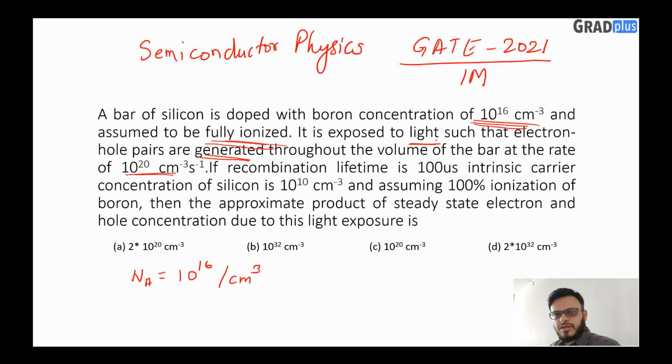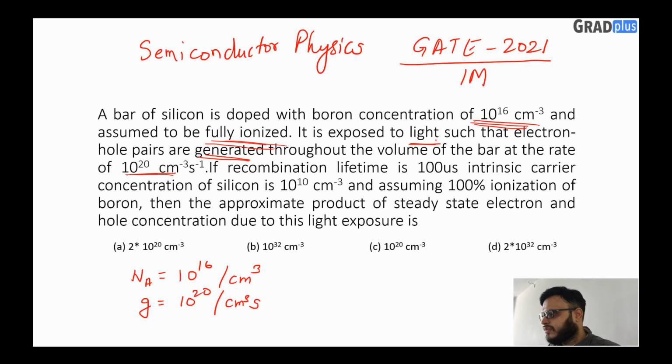In a volume of 1 centimeter by 1 centimeter by 1 centimeter, you are getting 10 power 20 pairs per second. So that is the interpretation here. So now we will term this as G, which is equal to 10 power 20 per centimeter cube second. Fine. Let us move ahead.